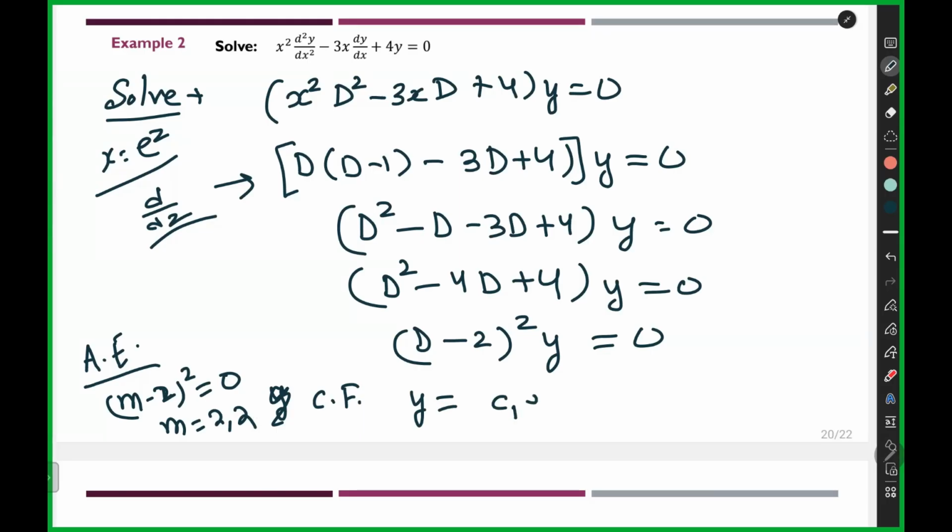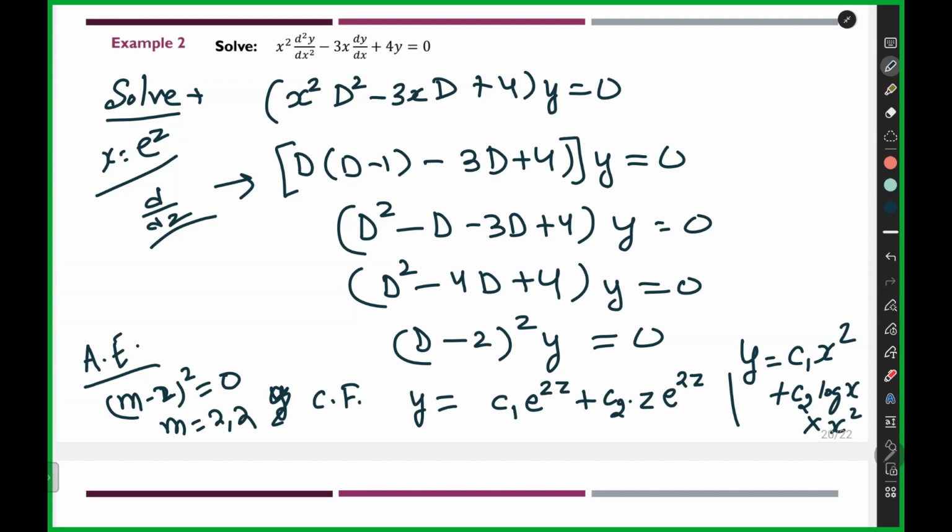So we simply write c1 e to the power 2z plus c2 z e to the power 2z. Again, writing the final solution in terms of x, it is c1 x square plus c2 log x into x square. So again this is the final solution, similar to the previous example.